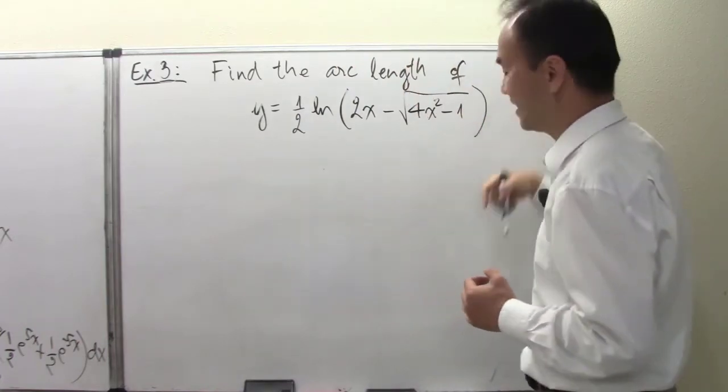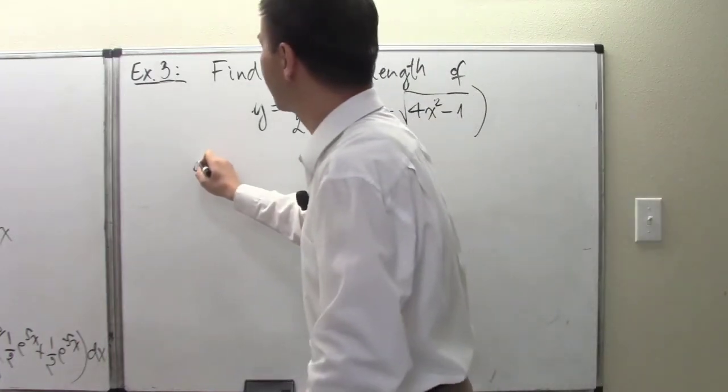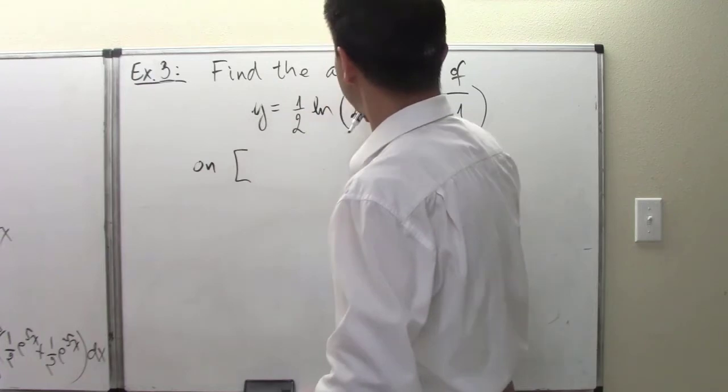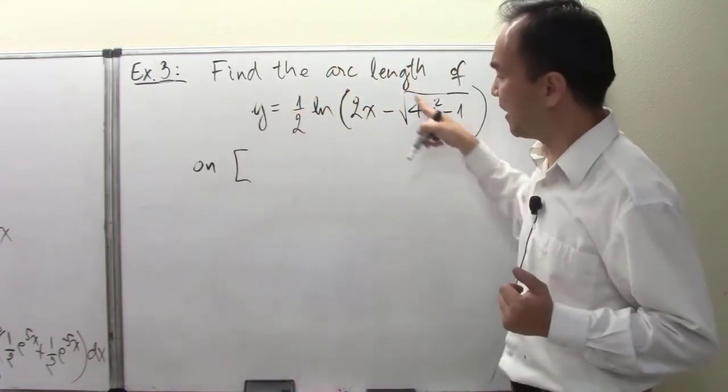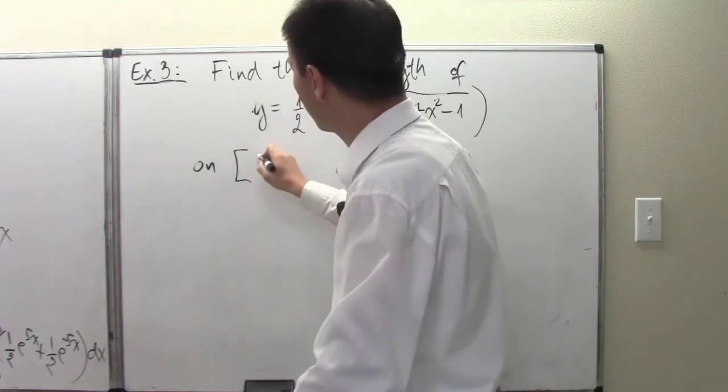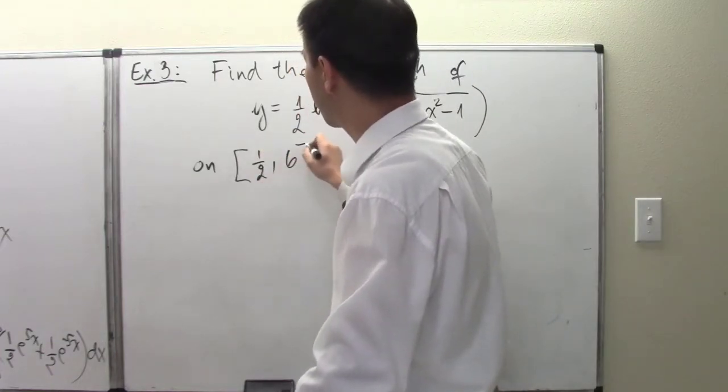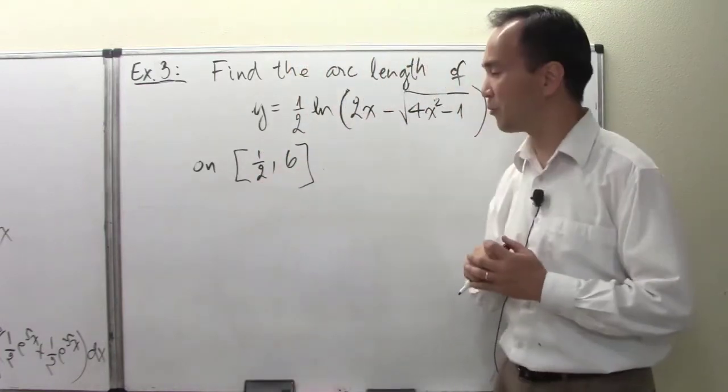Okay, so we want to find the arc length, basically the piece of the graph of this function, but only inside the interval from 1/2 to 6. Okay, only from 1/2 to 6.